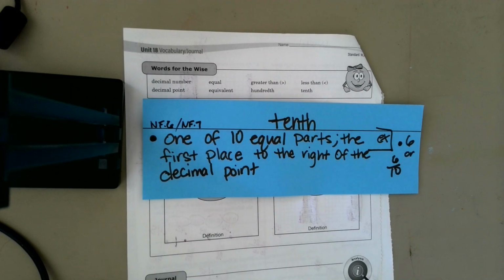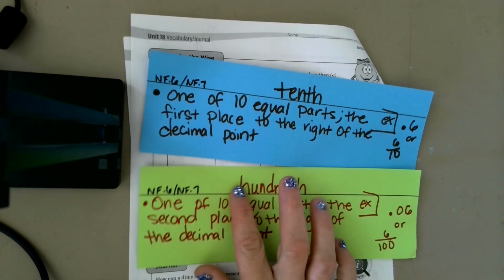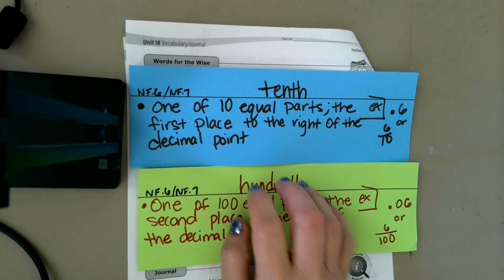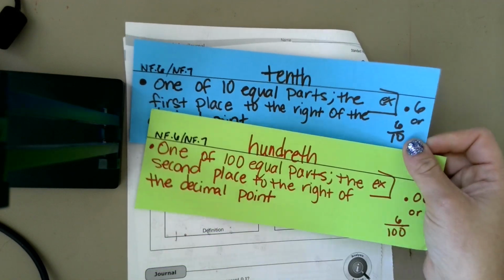It's a tenth. 1 of 10 equal parts, the first place to the right side of the decimal point. And then the hundredth, which came from the previous lesson that we did together. The hundredth is 1 of 100 equal parts, the second place value to the right of the decimal point. So you really need to be thinking about your place value chart here.